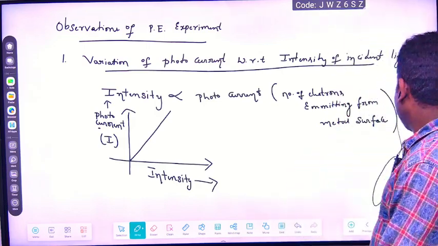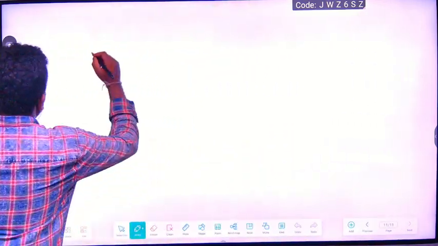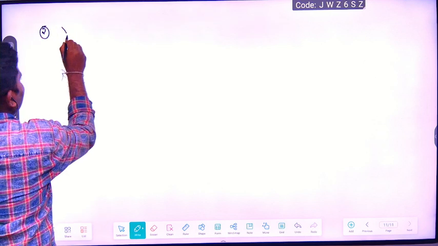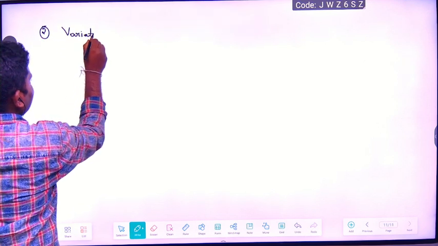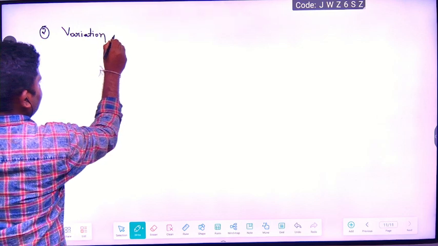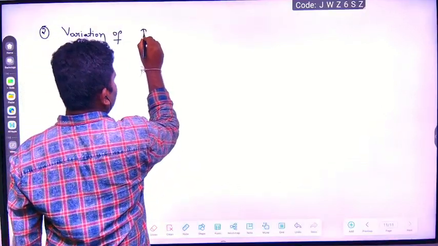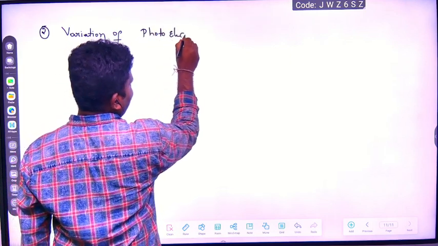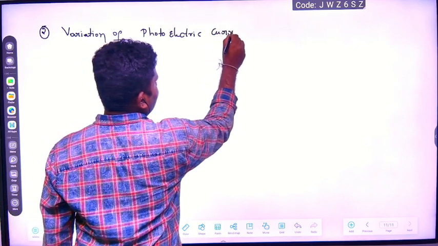Okay. The second observation: variation of photoelectric current with respect to potential. Photoelectric current only I will take.